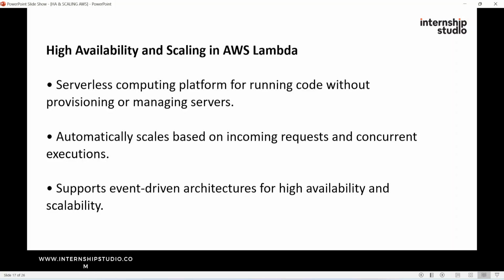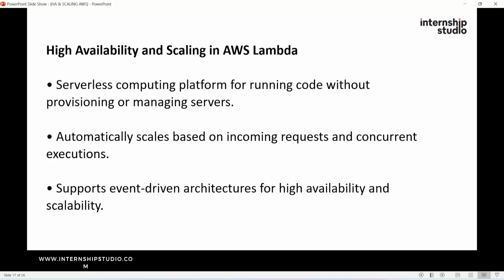Concurrent executions in AWS Lambda refer to the number of instances of a Lambda function running simultaneously. Lambda functions can be executed concurrently in response to multiple incoming requests, depending on the workload and the configuration.